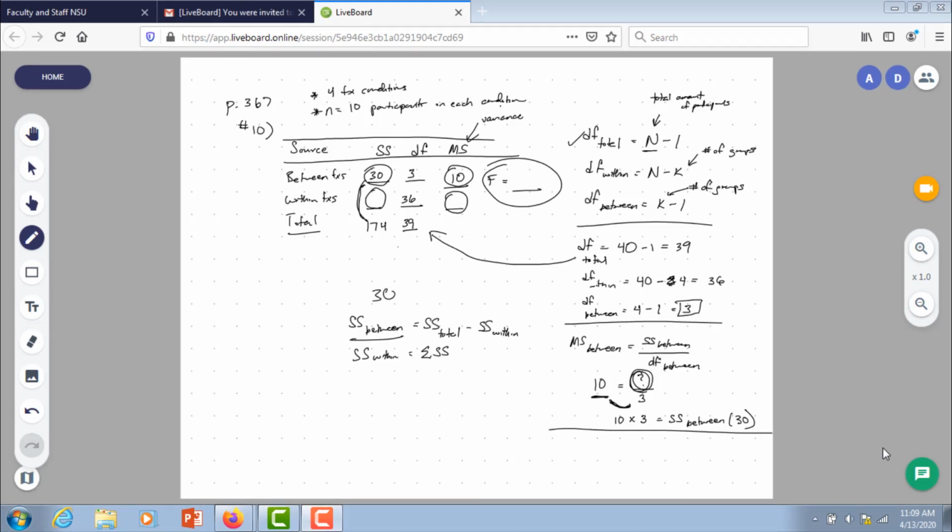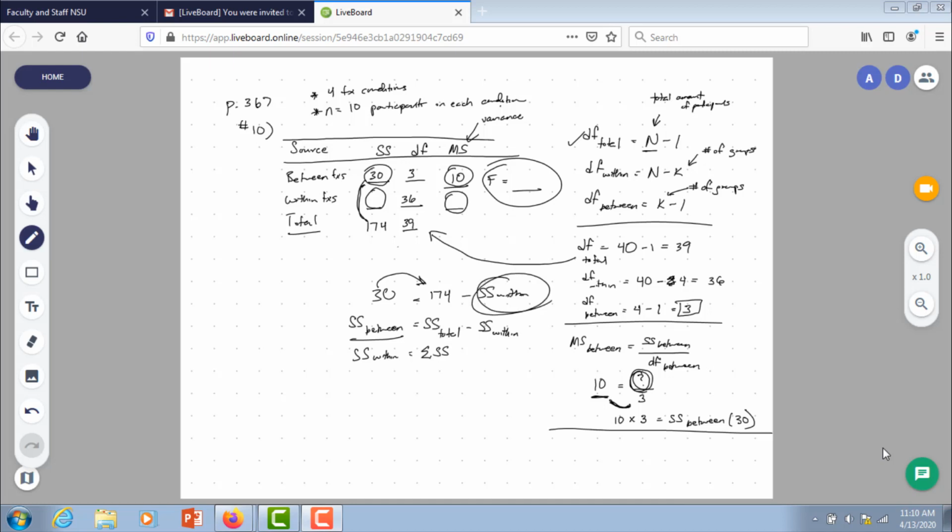We got 30. We've already established that 174 is the total, but SS within remains a mystery, right? So if subtracting within from total gives you between, then it stands to reason that subtracting between from total will give you within, okay?